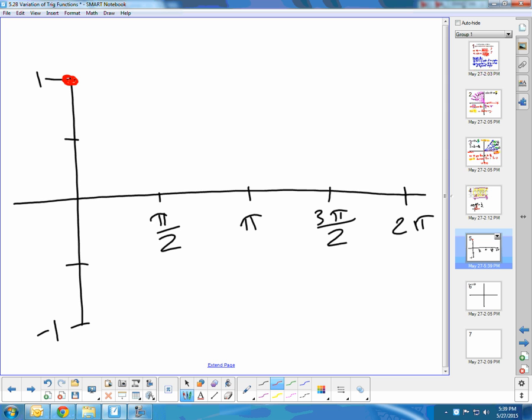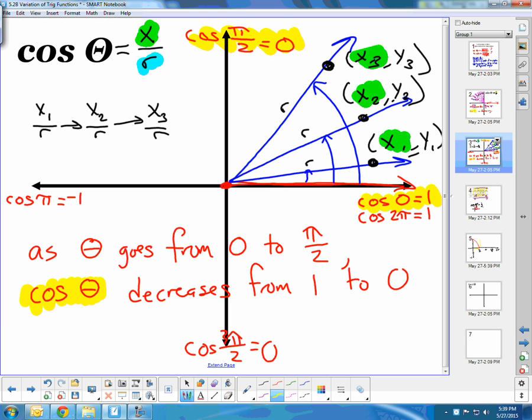I know that cosine of pi over 2 is 0. And I know the function is going to decrease as theta goes from 0 to pi over 2, my output is going to decrease from 1 to 0, and so on and so forth. We can use this idea and work our way through the rest of the quadrants as well.